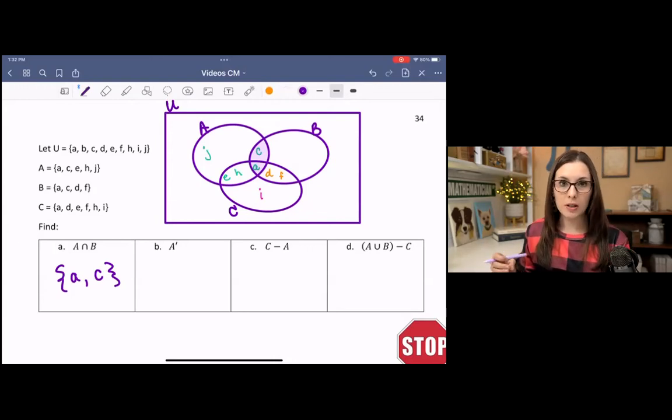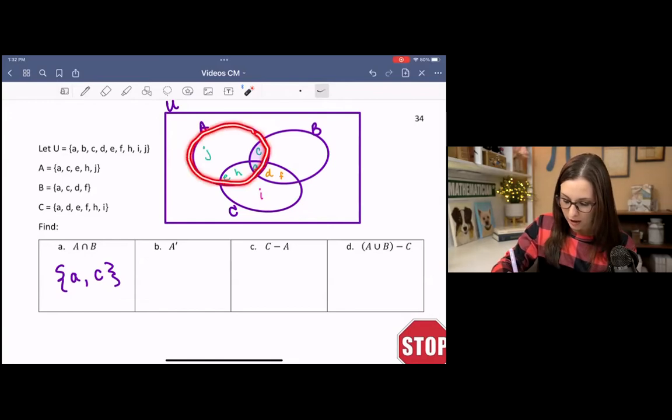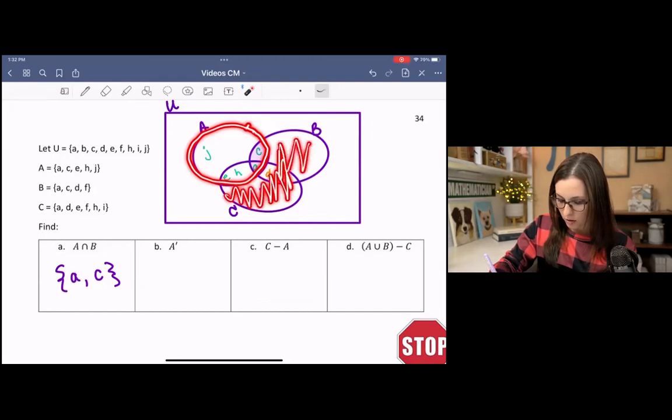Then for the next one, it says the complement of A. The complement of A means everything not in A. So if this is A, then all of those letters in green, teal, mint, I don't know, all of those letters live inside A, which means that the complement of A are all these letters out here and in the universal set.